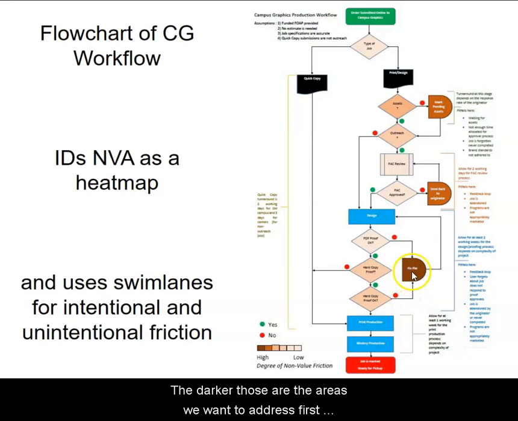Obviously the darker areas are the ones we want to address first, and the lighter ones could potentially still exist in the process. However, they're something to think about for further improvement. So very cool. For us as graphic designers and graphic majors, you can see we can have a really good impact on the organization by using graphic elements.